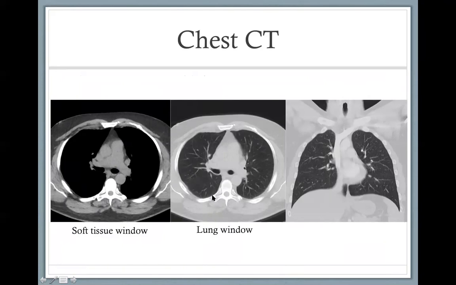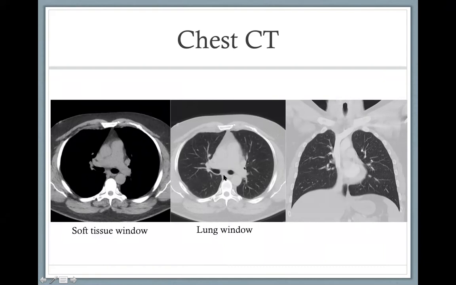So this is a lung window, and this is soft tissue window. The lung is blacked out. The bone is very white, and then the soft tissue is better delineated, so we see better the major vessels, for example. We can even see better the muscles of the thorax.